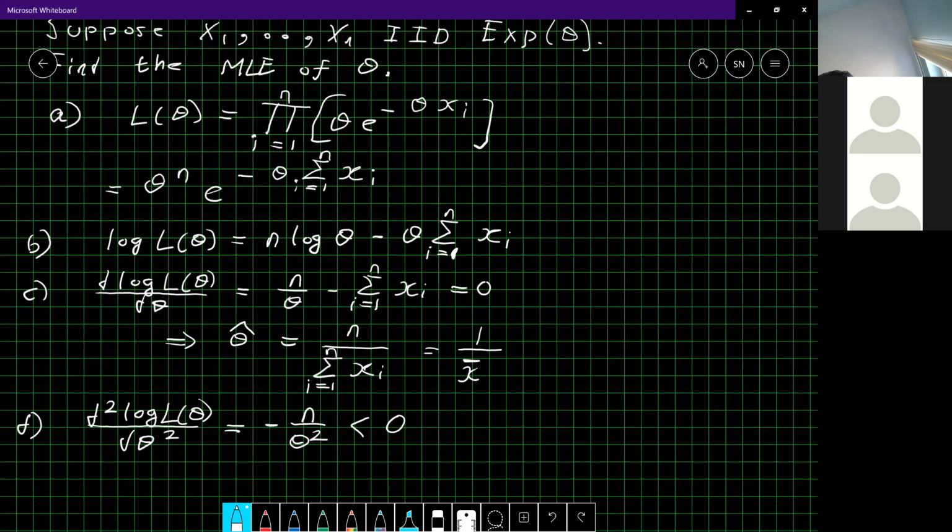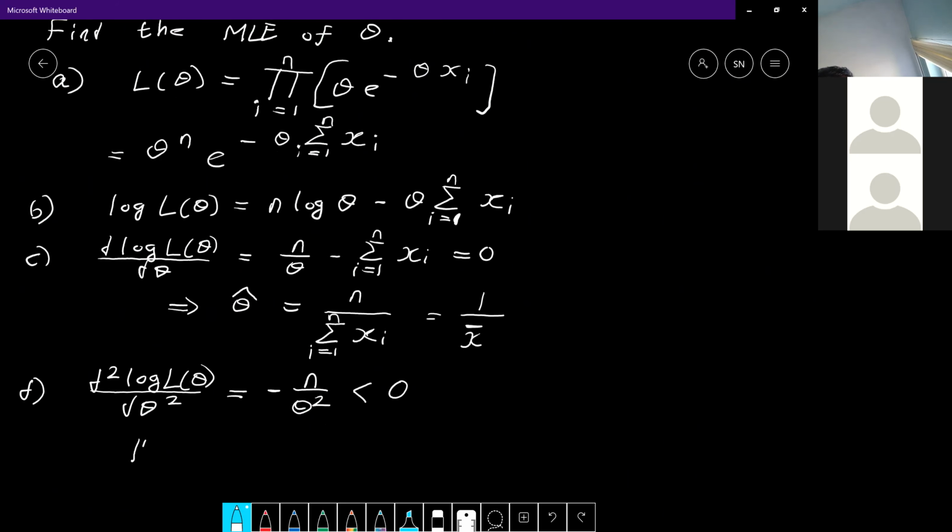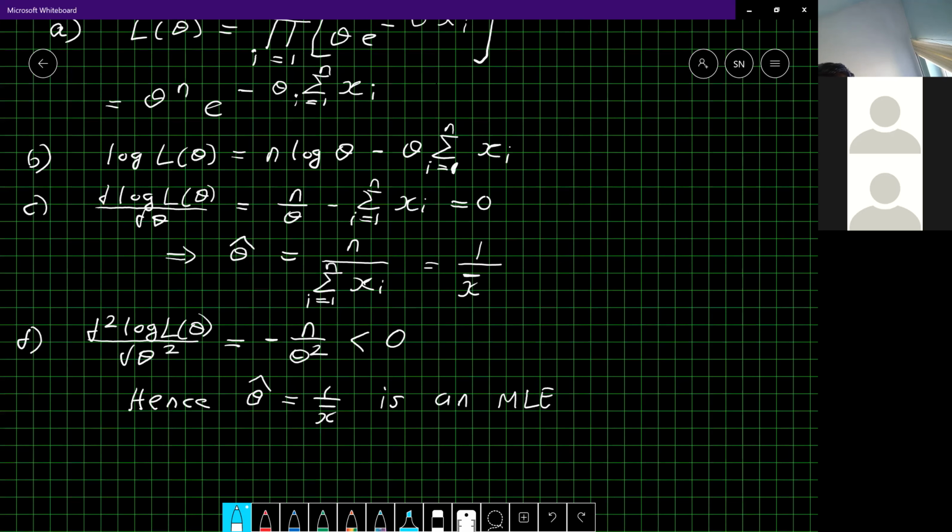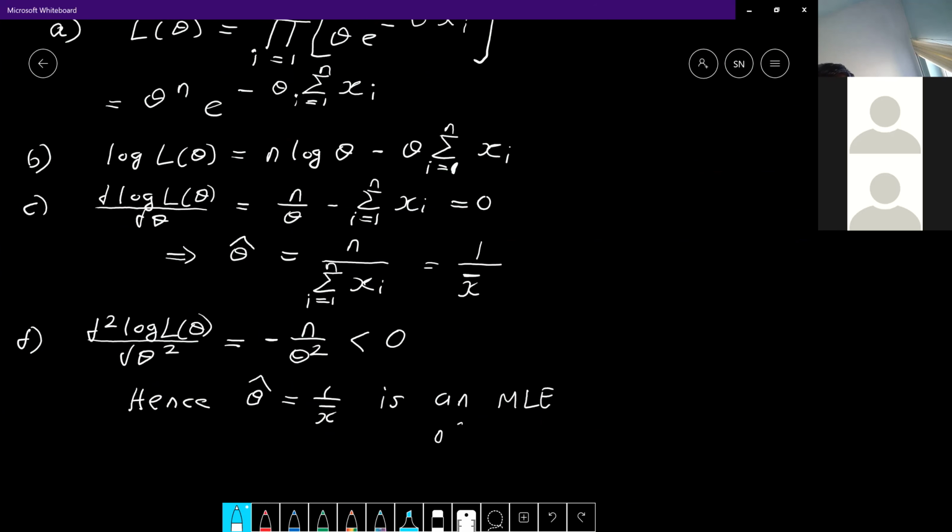So hence theta hat is the MLE. So this is an example that we did a long time ago.